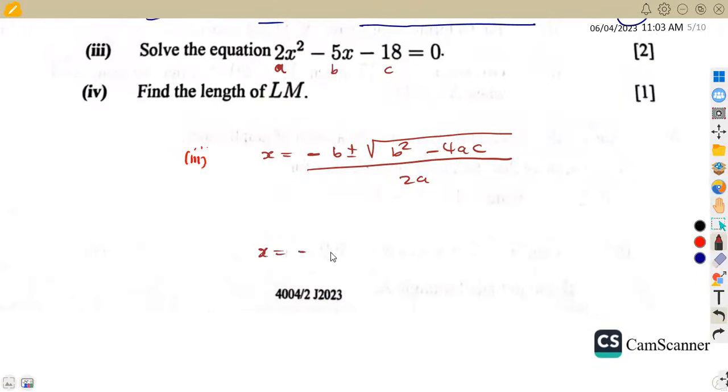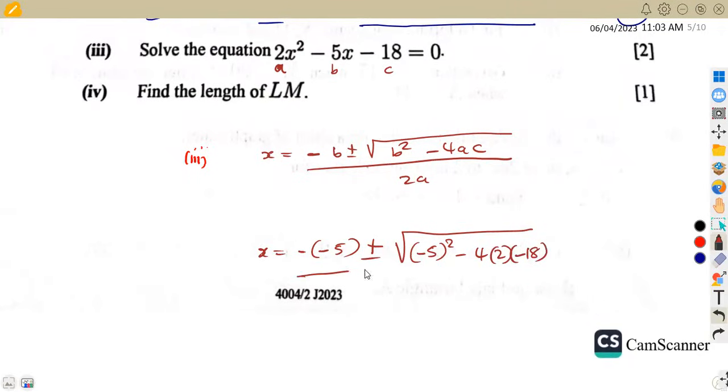So x is going to be minus b, which is minus 5, plus or minus the square root of b squared. That is going to be minus 5 squared minus 4 times a. Our a here is 2 times the constant c, which is negative 18. And everything here is over 2 times a, our a, which is 2.